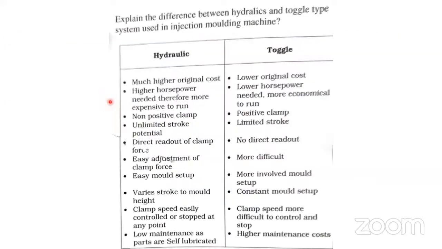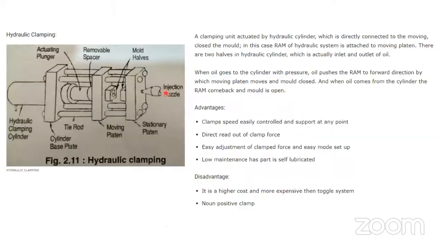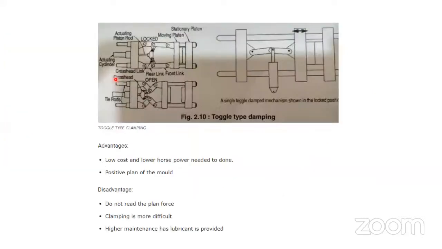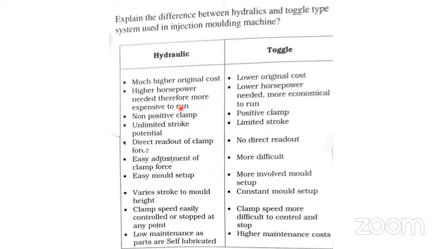Now, we have seen the difference between hydraulic and toggle type of systems, right? Hydraulic, I told you, this is a hydraulic and this is a toggle. Okay, toggle clamping. Now here the difference is given: much higher original cost, versus lower original cost.